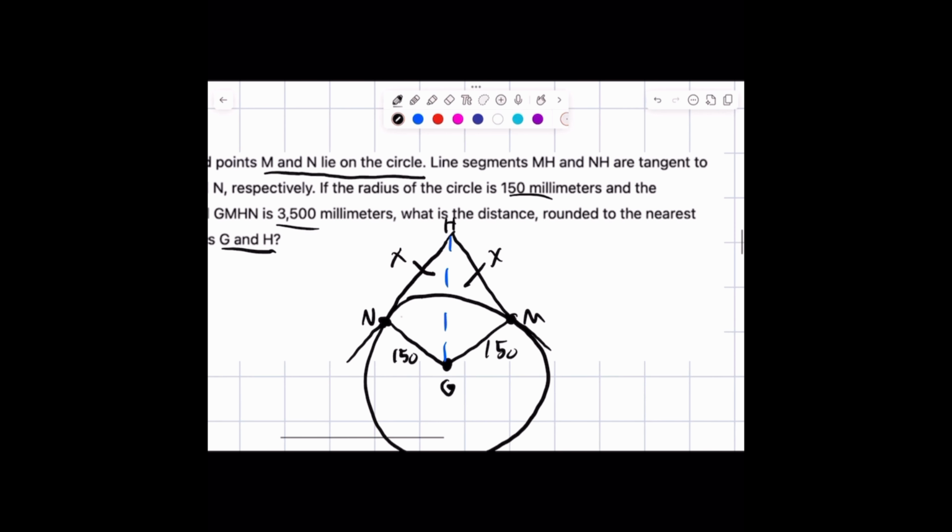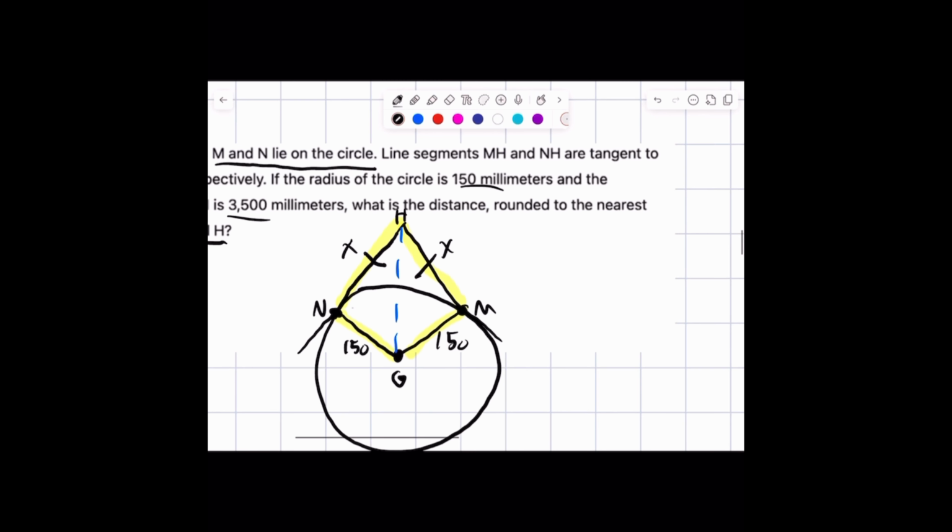So a quadrilateral, which is a shape of 4 sides, as we can see, we also have 4 sides here. 1, 2, 3, 4. If a quadrilateral is 3,500 millimeters, it's equal to all four of these sides. So 150 plus 150 plus x plus x.